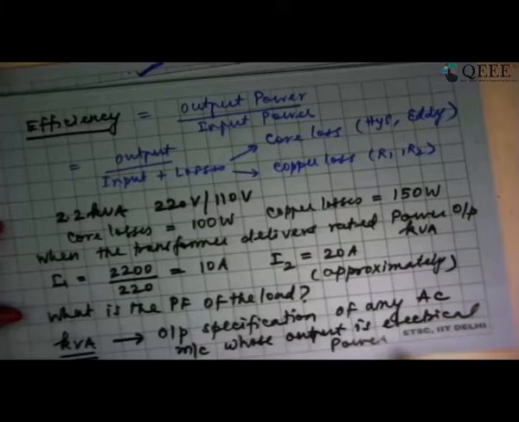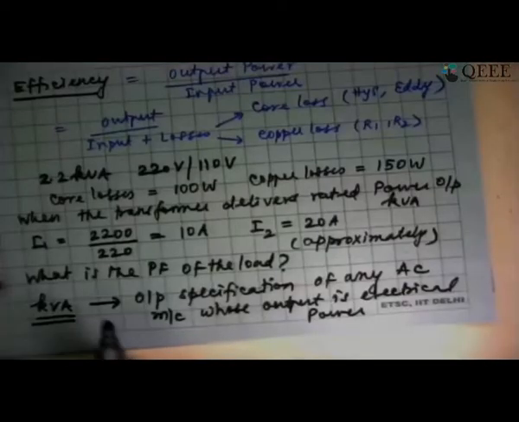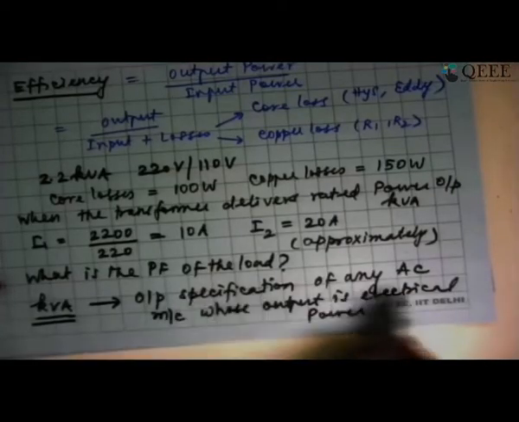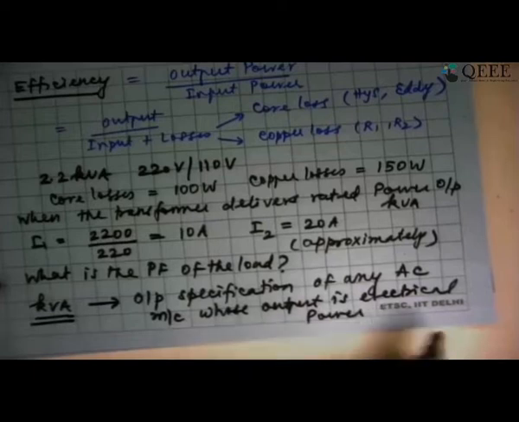Whereas if we are talking about motor, the motor's output is mechanical power. So mechanical power output will always be specified in terms of kilowatt rather than kVA. So kVA comes as the specification for any electrical machine whose output is electrical power. Motor is also an electrical machine, but its output is mechanical power.